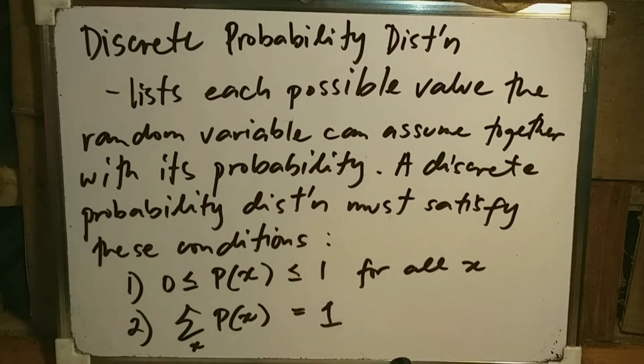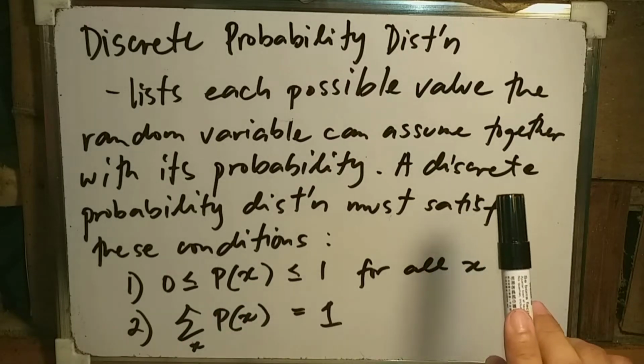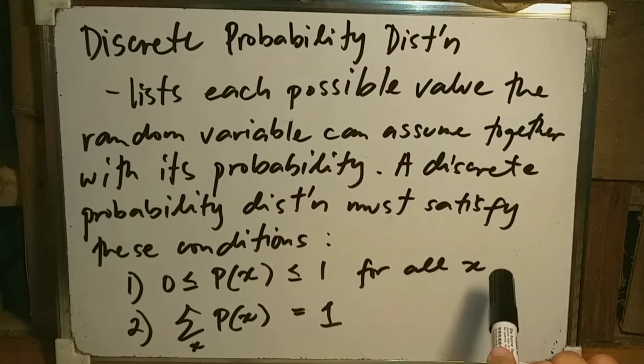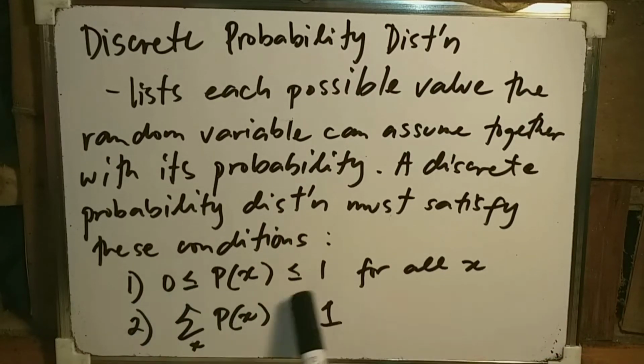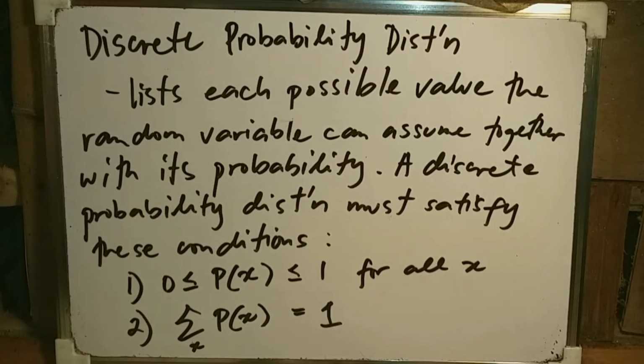The first one, the probability of x for all values of x in the discrete random variable must be between 0 and 1 inclusive. And the second one, if we take the sum of the probabilities of each value of the random variable, it must be equal to 1.